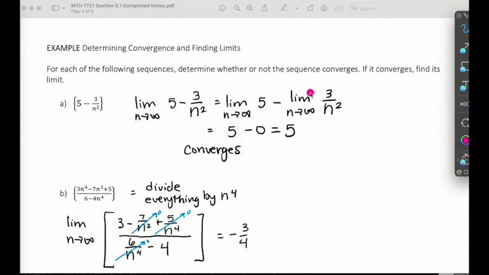And when I take the limit as n approaches infinity of 3 over n squared, this approaches 0 because as these numbers down here get larger and larger and larger, the whole fraction gets smaller and smaller and smaller, closer to 0. So this gives me 5 minus 0, which gives me 5. So the limit of the sequence is 5, and we can say that the sequence converges.